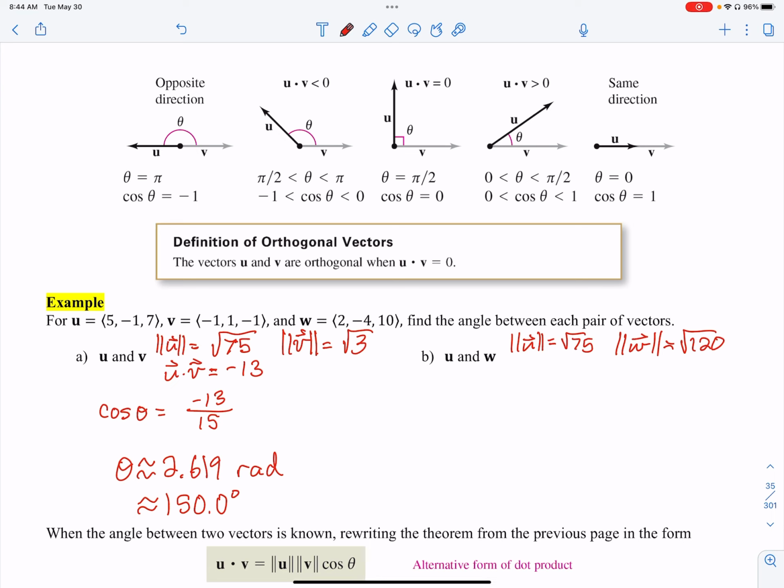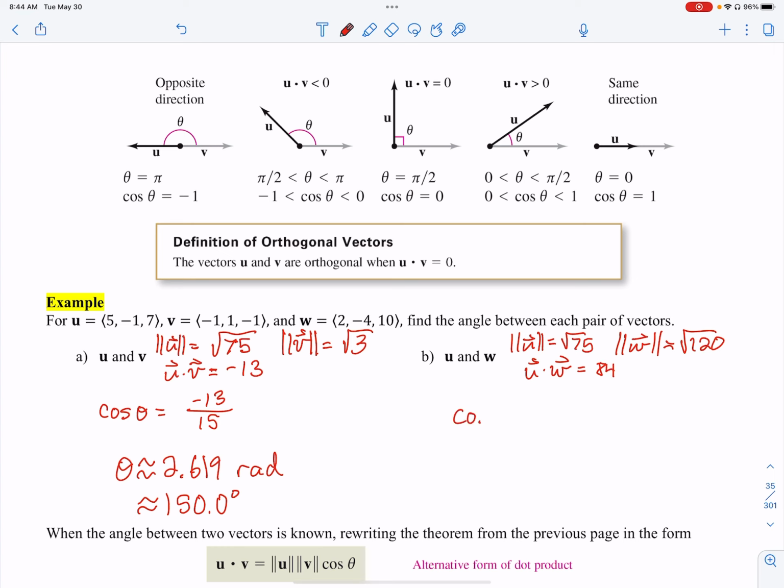Doubting myself now. Double checking. Yep. Okay, and then I need u dotted with w. So we got 10 plus 4 plus 70. Double checking. Okay, I got 84.